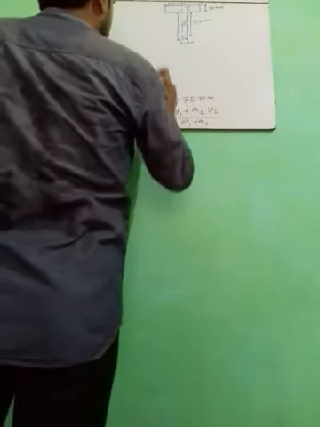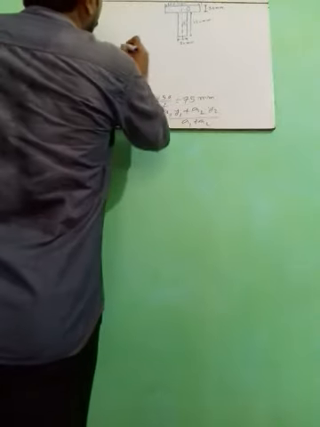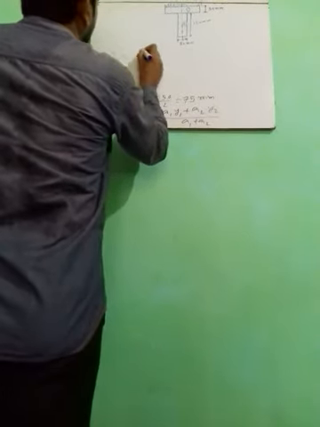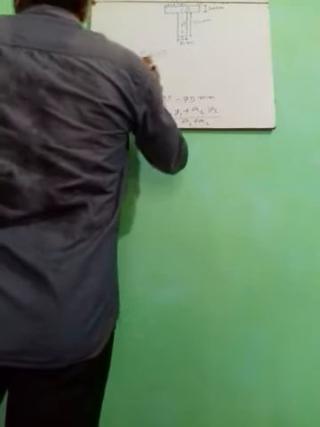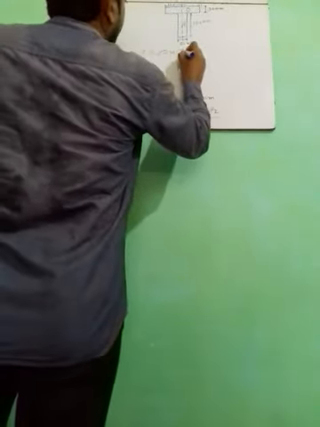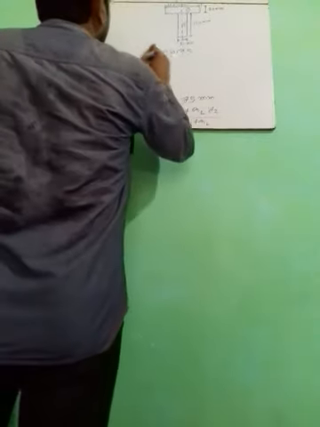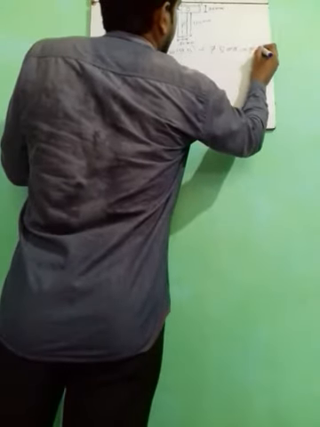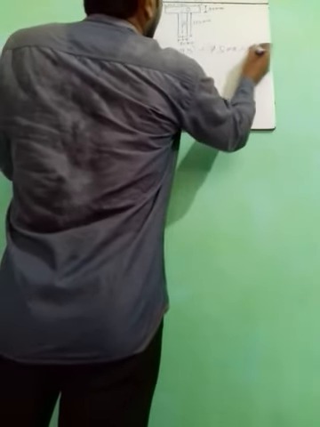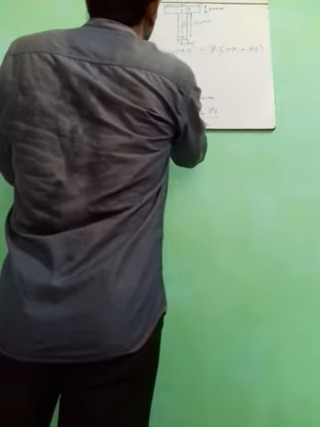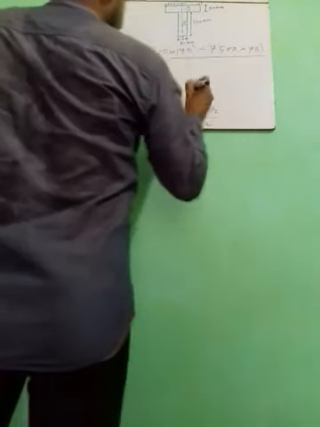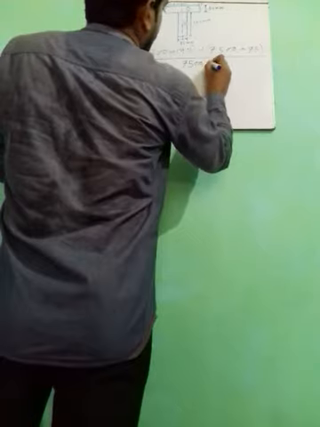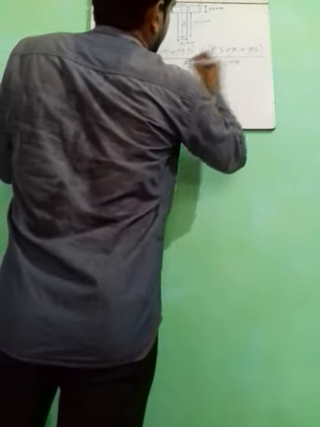Putting the values in this formula, we get y bar equal to 7500 into 175 plus 7500 into 75, because y2 is 75 and y1 is 175, by A1 plus A2, equal to 7500 plus 7500.